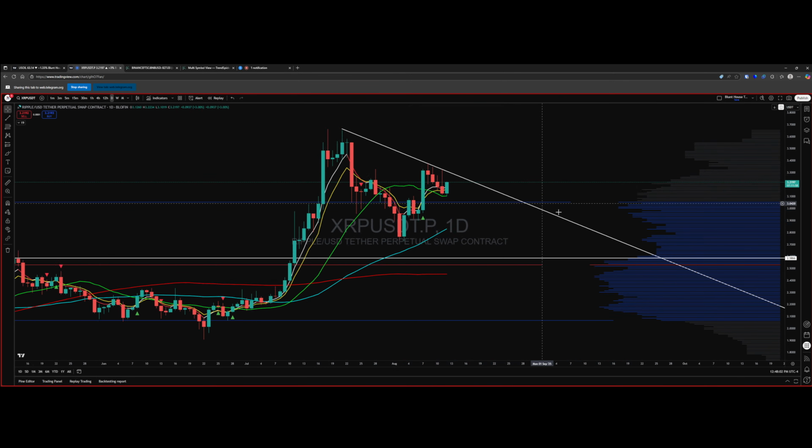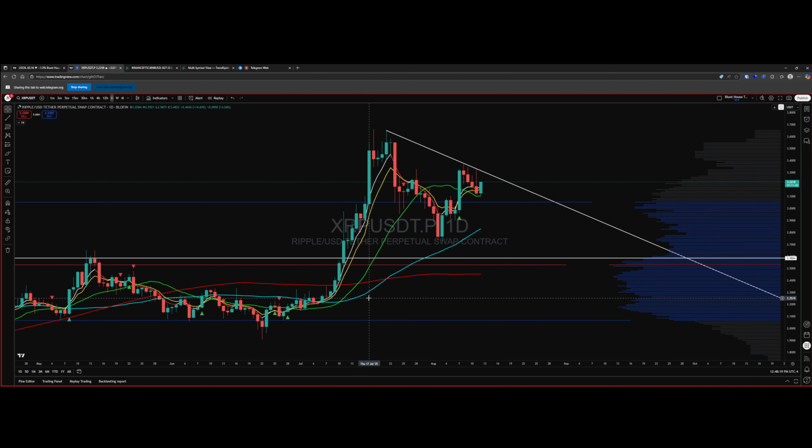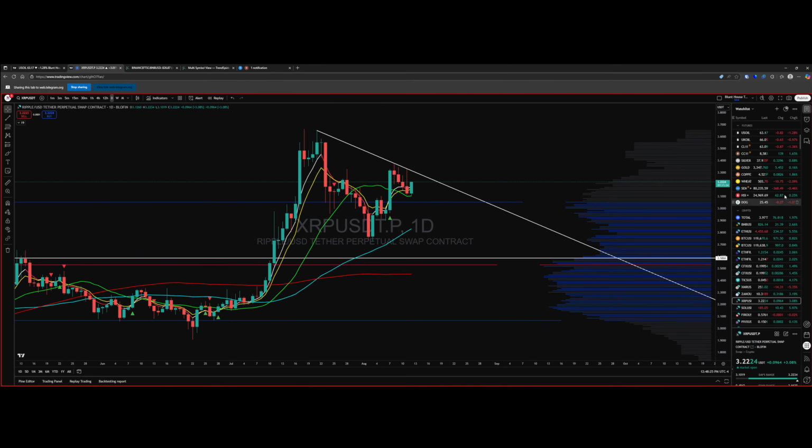Does this trend line mean anything? Not really. But whenever I have an opportunity to connect equal tops like that, I tend to do it. I don't know at the time if this is going to be relevant or not. But why do I do it? Well, this is why.